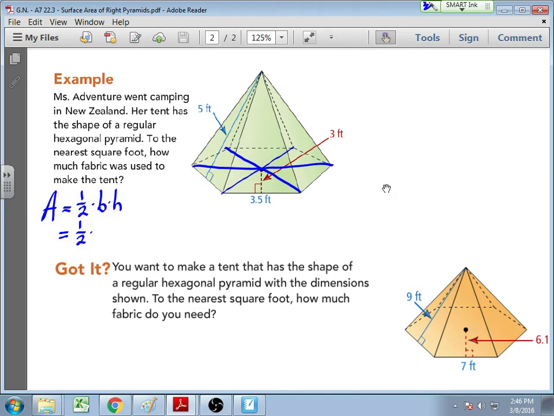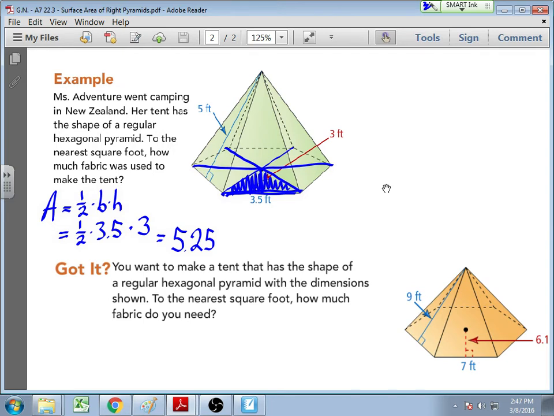My little b there is 3.5. And my little h is 3 because we see those are perpendicular right here. That's how I know that those are the values that I use. When I do half of 3.5 times 3, I'm just going to do all that together, and that gives me 5.25. But remember, that's only this space.